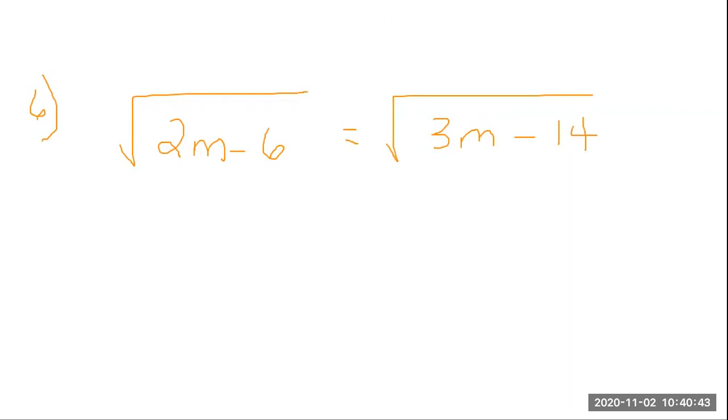Please go ahead and unmute yourself and say it out loud for us all to hear. What do I do to get rid of the square root?